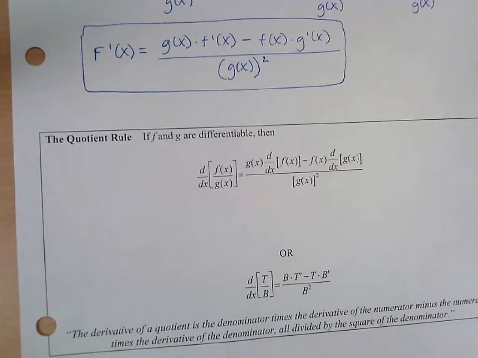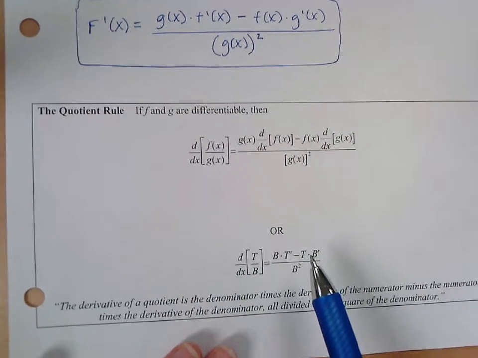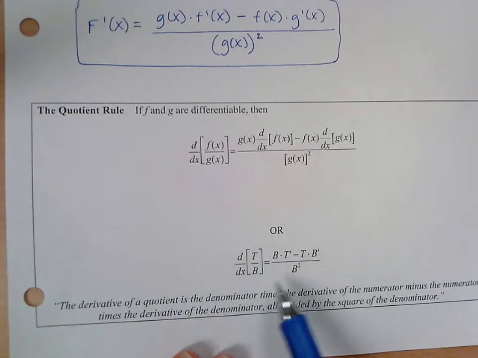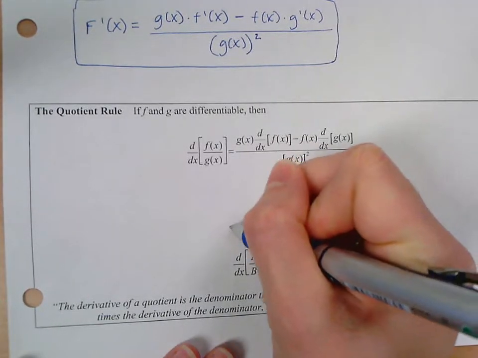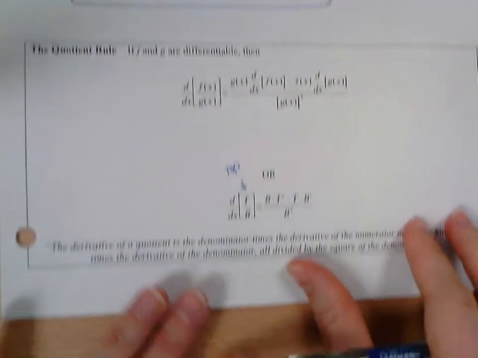Or, just like with the product rule, I had it written as your first and your second. So first times second prime plus second times first prime. It's maybe easier to memorize writing it as the derivative of the top over the bottom. So here the t is representing top. I'm going to move this here.